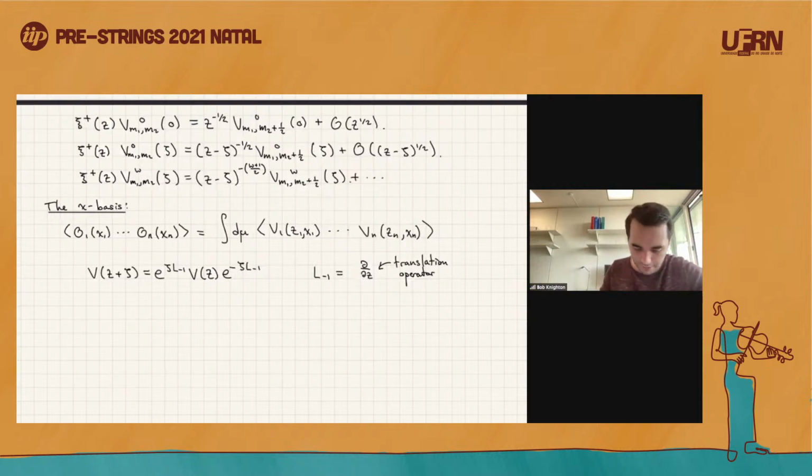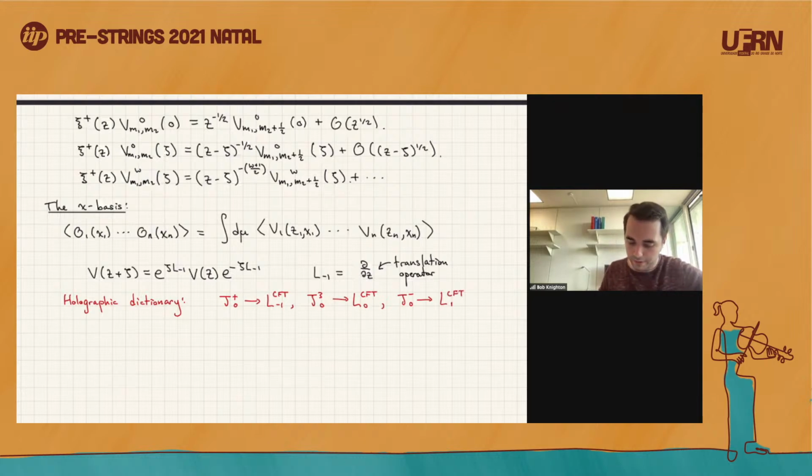So there's a holographic dictionary, which was briefly mentioned, but let me mention it again, which essentially says that you map the 0 mode of J plus to L minus 1 in the dual CFT. The J3 0 mode gets mapped to L0 of the dual CFT, and the J minus 0 mode gets mapped to L1 of the dual CFT.